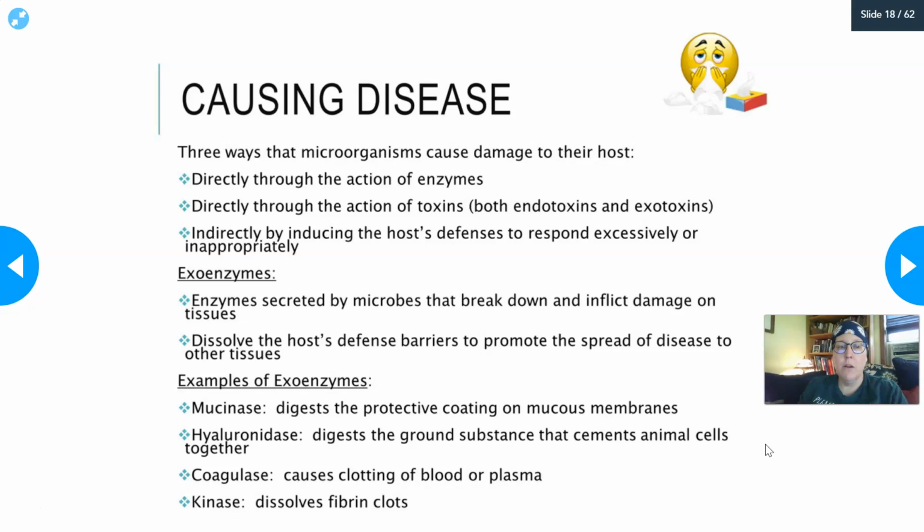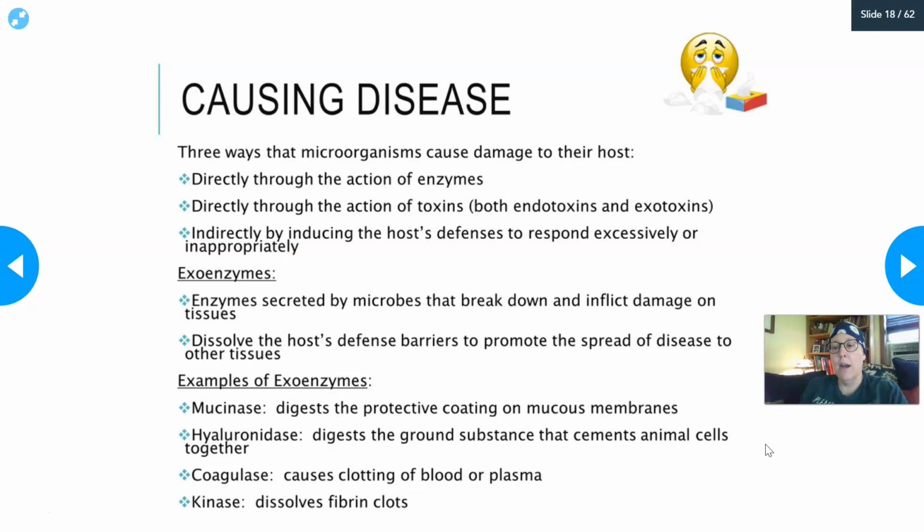So, causing diseases. There are 3 ways that microorganisms can cause damage to their host. Directly through the action of enzymes, directly through the action of toxins, which could be endotoxin and exotoxins, which we'll talk about here in a second, or indirectly by inducing the host's defenses to respond excessively or inappropriately, and then it's actually your own immune system that's causing all the damage.